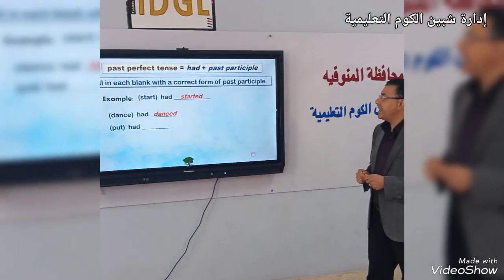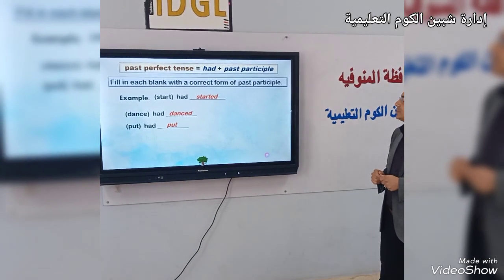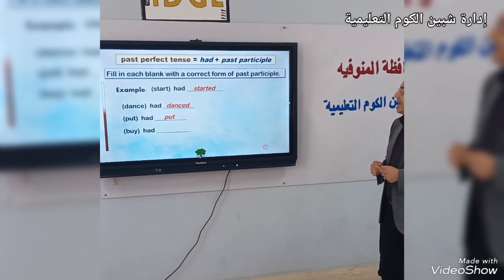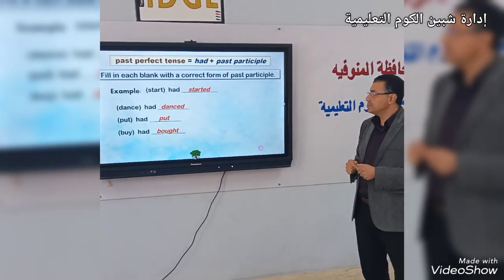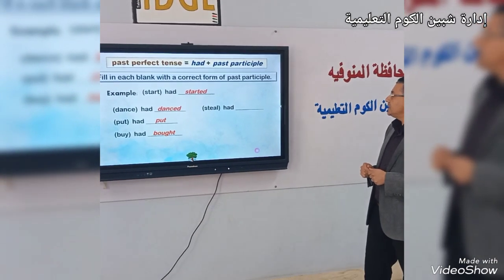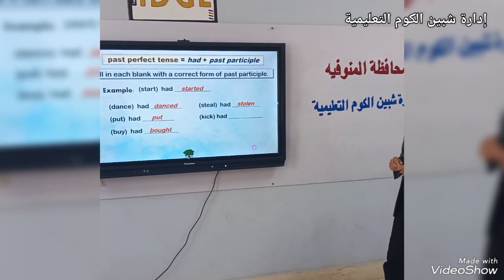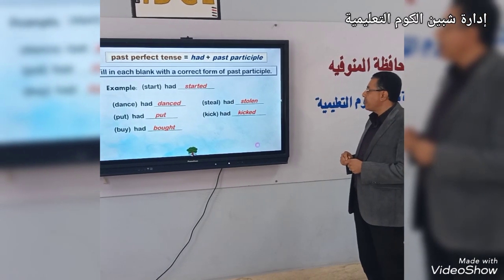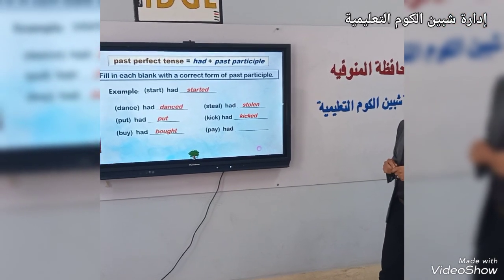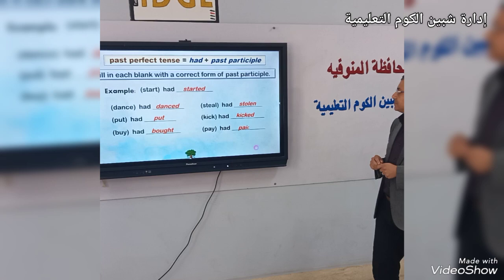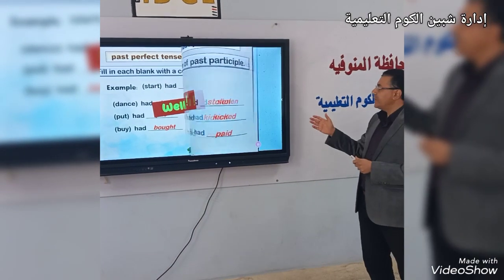Put, had put. Buy, had bought. Steal, had stolen. This is the structure. Kick, had kicked. Pay, had paid. So, well done.